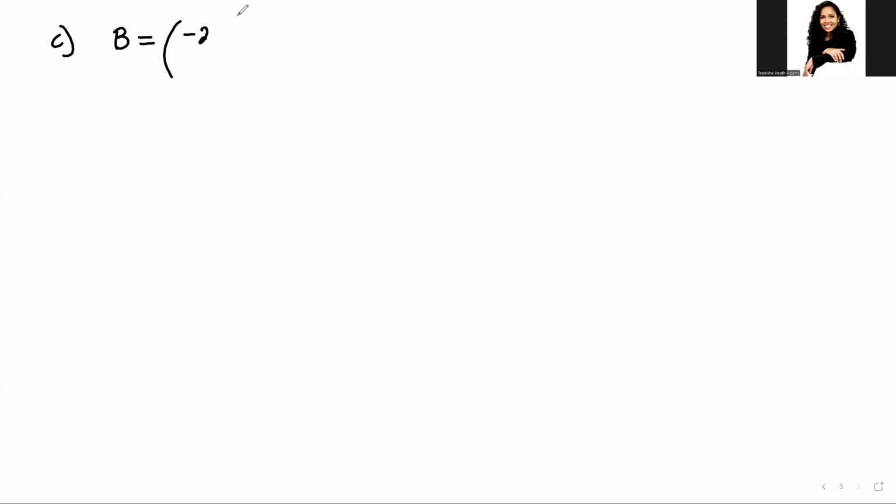So that's another example. We have the matrix B, which is -2, 1, 5, -3. The determinant of B would be equal to the difference of the products of the diagonals. So it will be -2 times -3, take away 1 times 5.